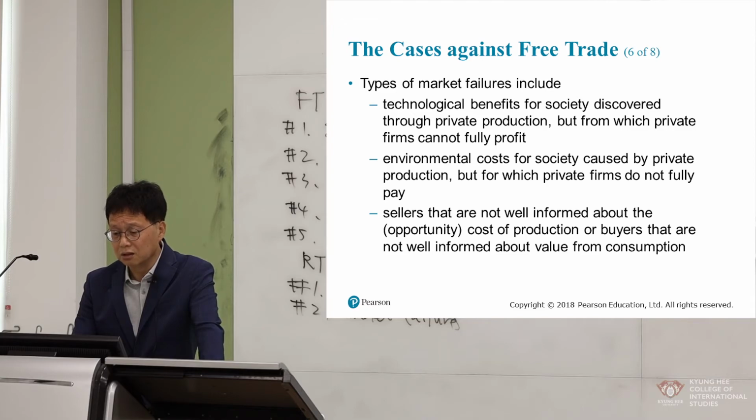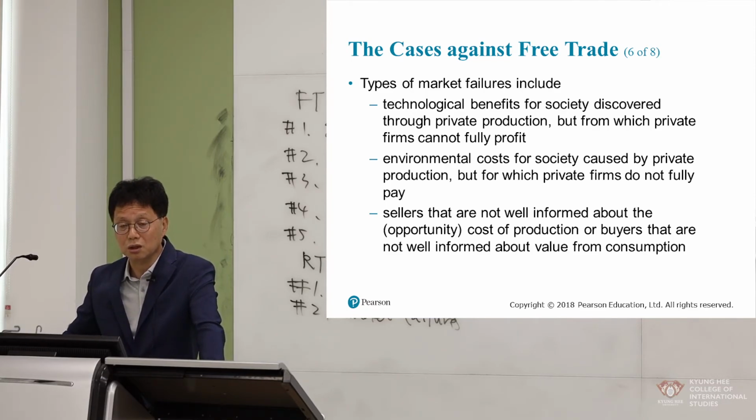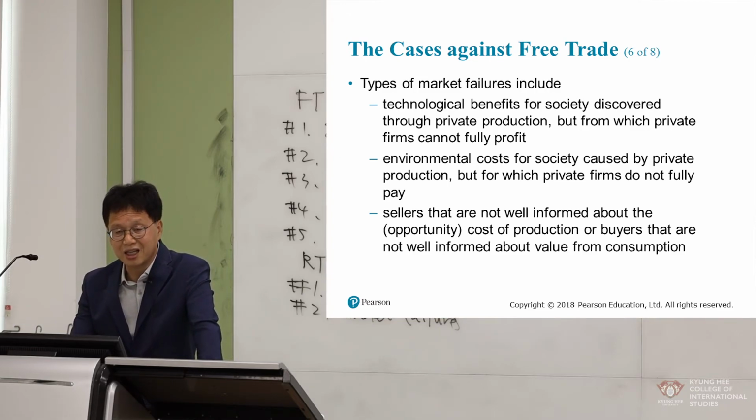For example, Samsung semiconductor company produces a new semiconductor after spending lots of R&D effort, right? But this kind of thing cannot be fully captured by Samsung. Other competitors or consumers can enjoy the benefit of the technological spending by some companies.